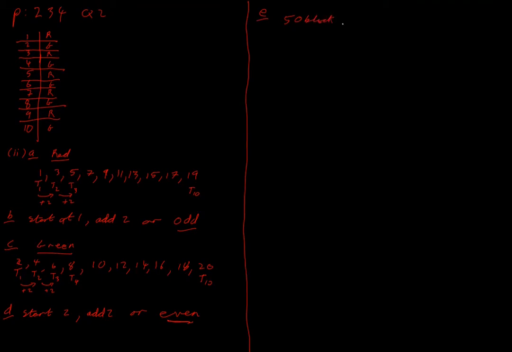Our 50th block must be green, because we know that 50 is an even number, and our green blocks are our even numbered blocks. So it must be green, as 50 is even.